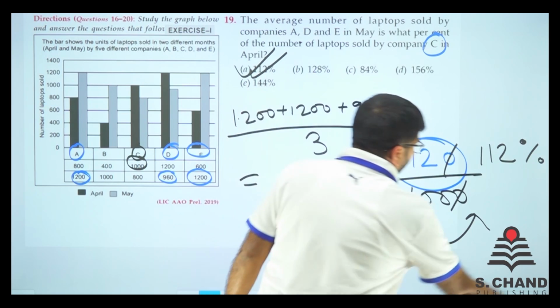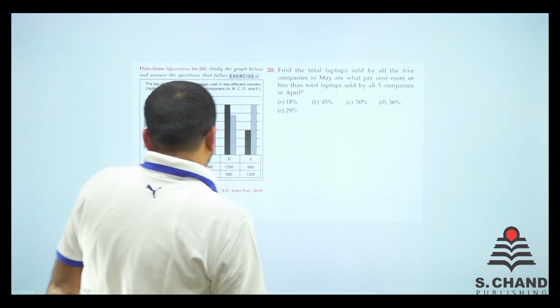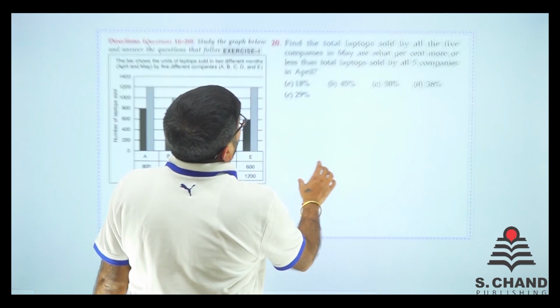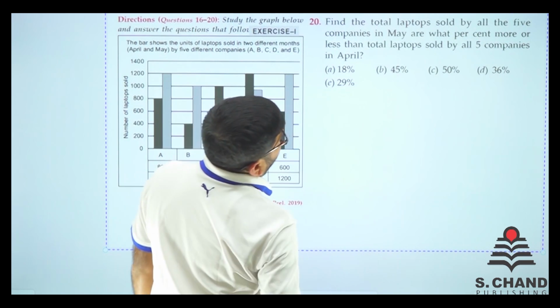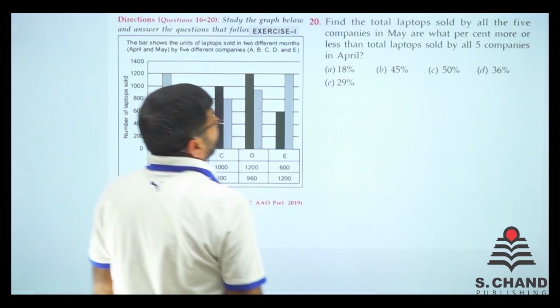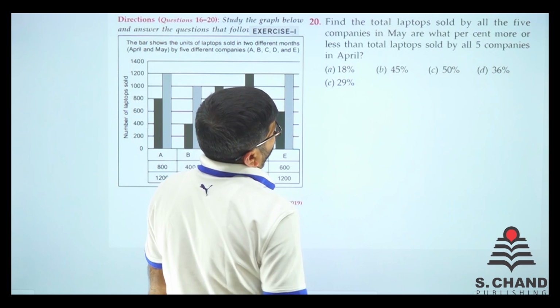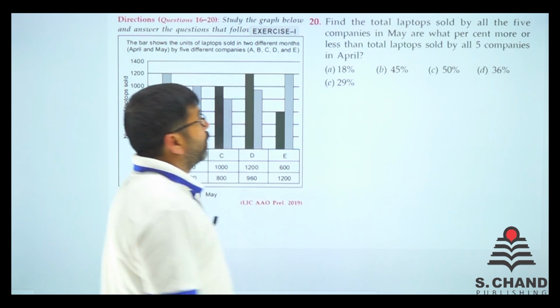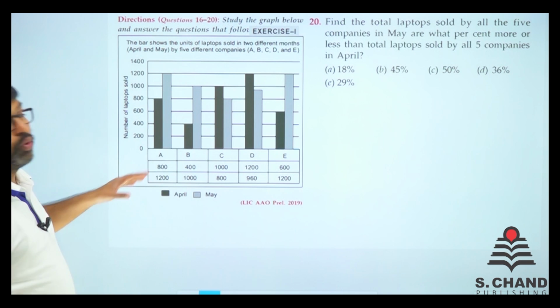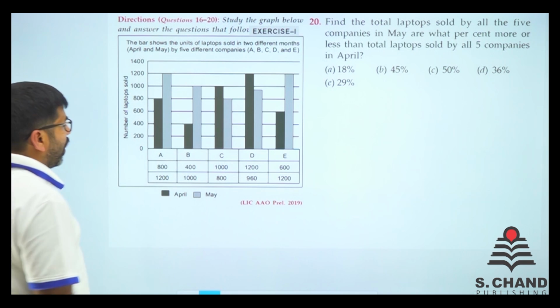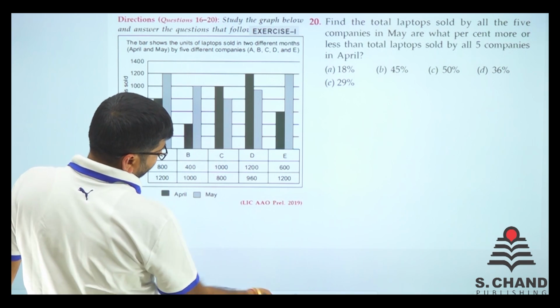Okay, so let's move on to the next question. Here we go. Question number 20. What does it say? Find the total laptops sold by all the 5 companies in May are what percent more or less than total laptops sold by all 5 companies in April. So we need to calculate this first, how much is April and how much is May.